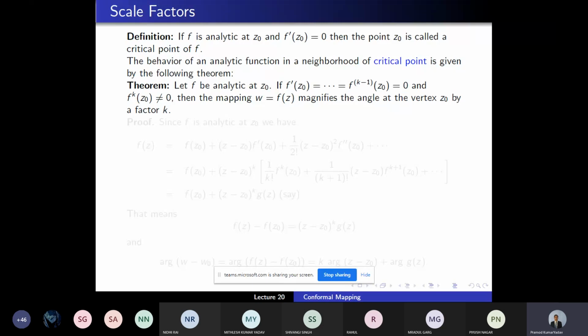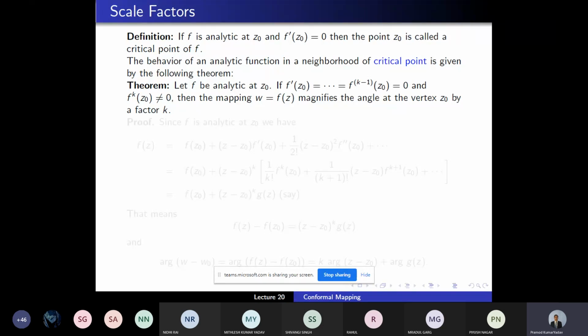Magnifies means what? This kind of thing is known as magnification. It means the image is going to be just magnified. The shape is not going to be changed.